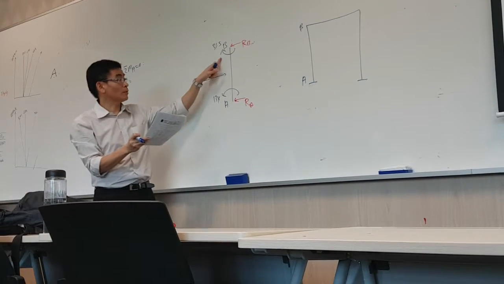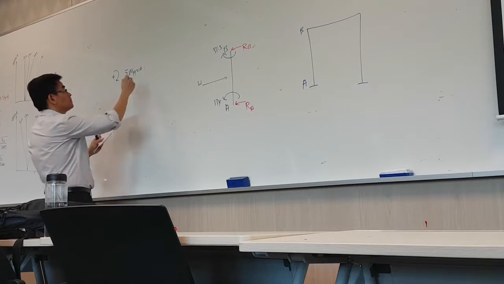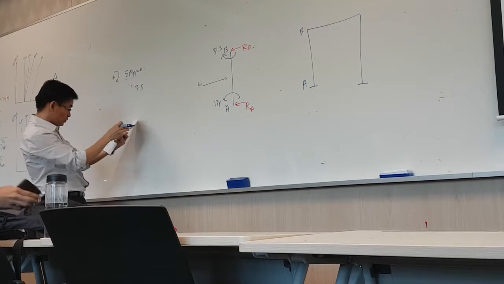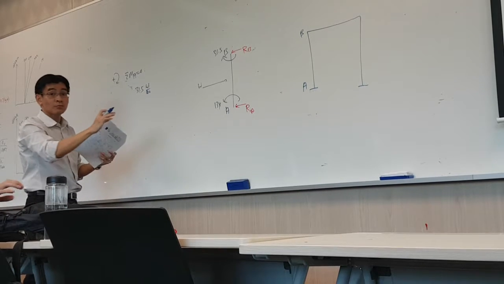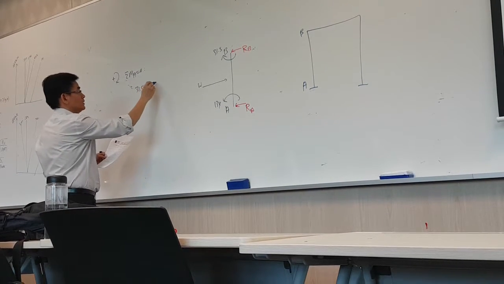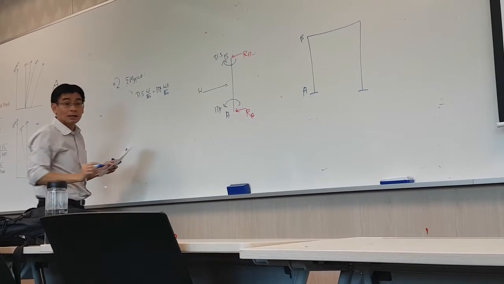Of course, there is the 31.5, and you need to factor in WL over 800. This is the first moment. And for 134, it's negative, so minus 134 WL over 800.